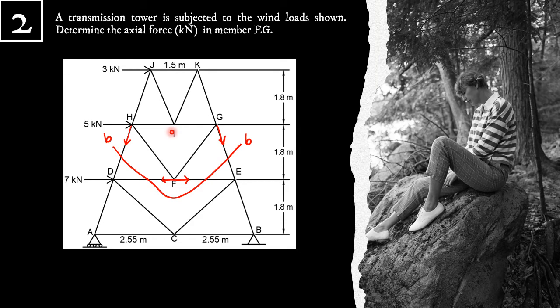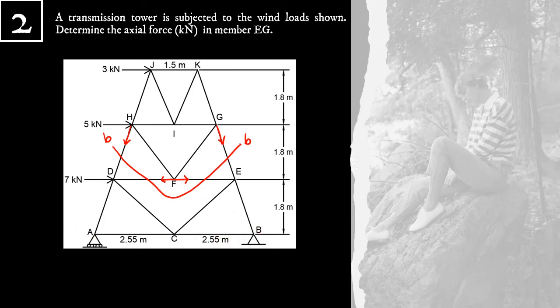But I'm going to consider the section above plane BB because it is independent of support reactions, meaning that we need not solve for the support reactions at A and B. We now draw the free body diagram of the section above plane BB.